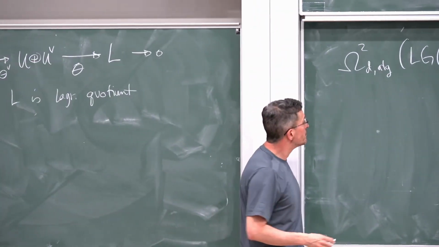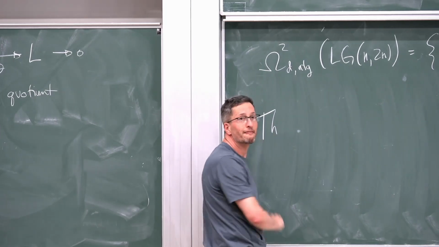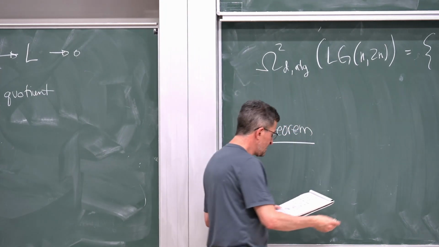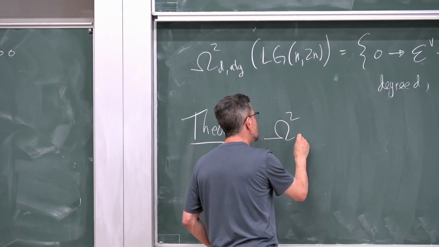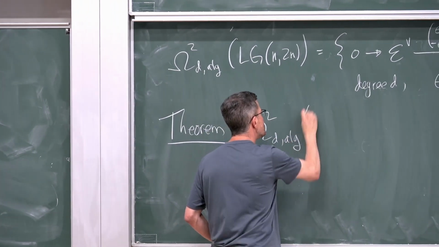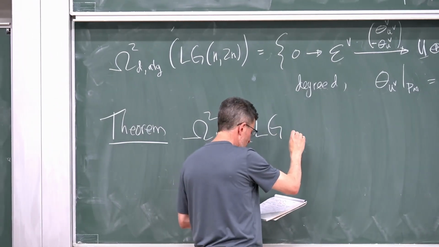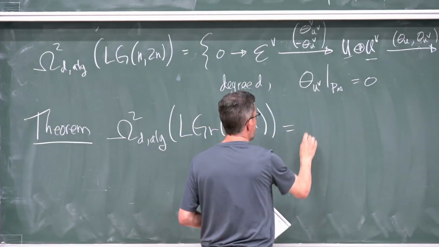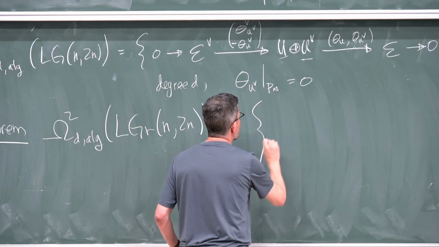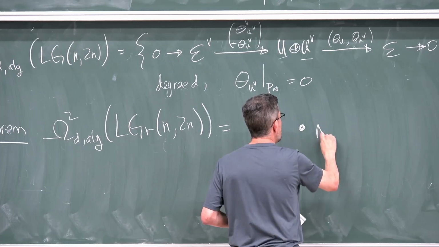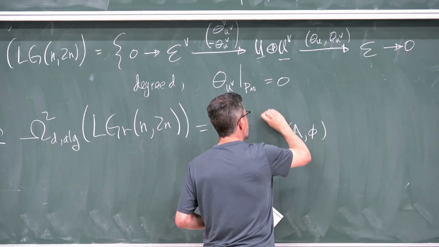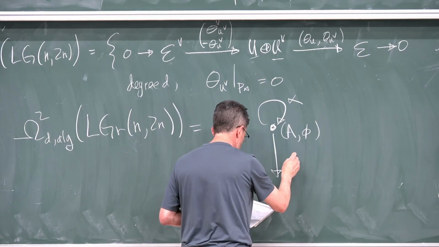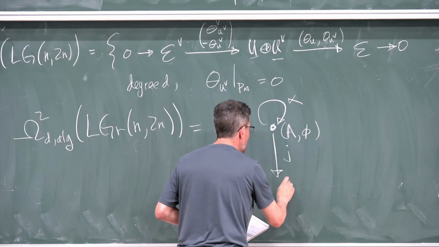Okay, so what's the theorem here? Again, this has a quiver description. Now it's actually a smaller looking quiver. There's just this J and this alpha.